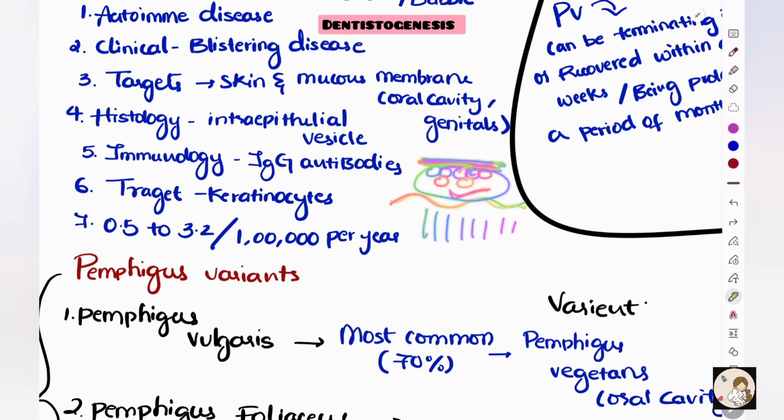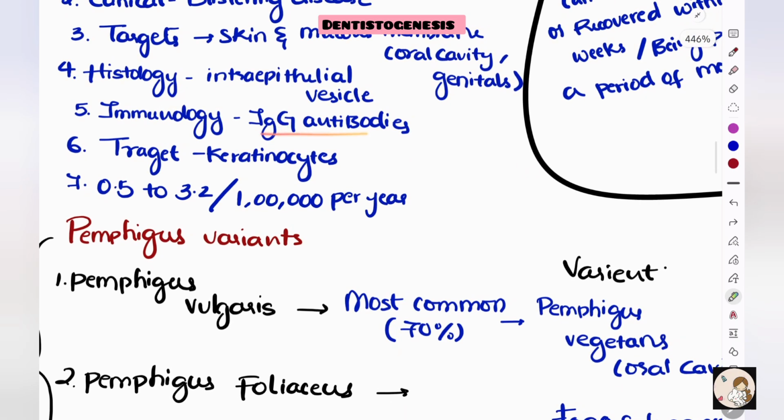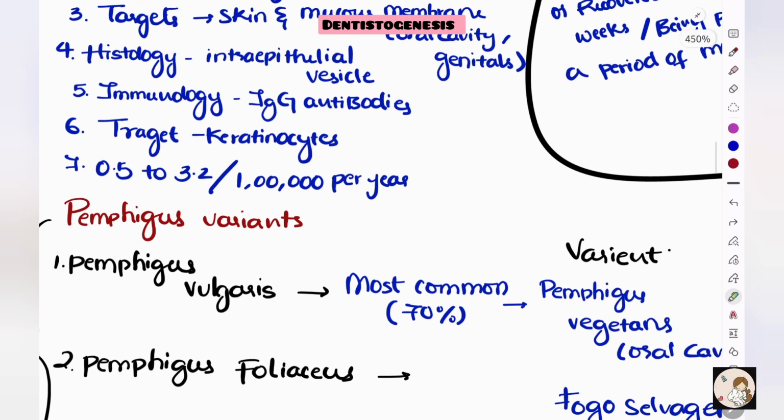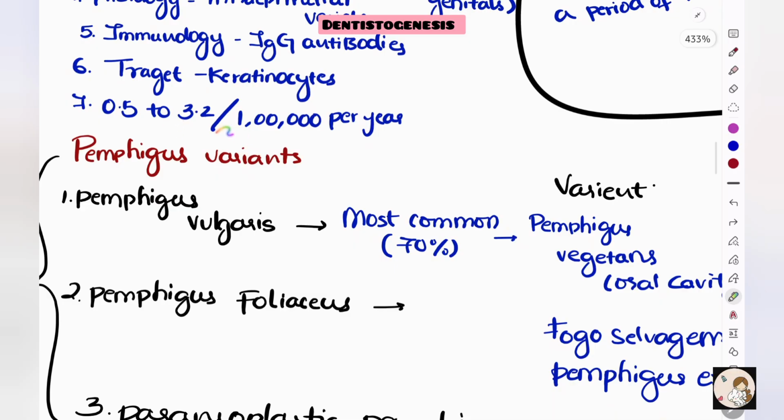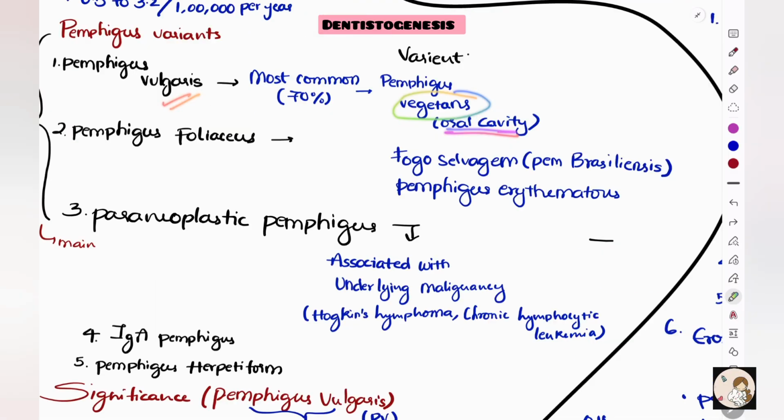Immunologically, it is an IgG antibody mediated disease. It targets keratinocytes in the skin. The incidence is 0.5 to 3.2 per lakh.